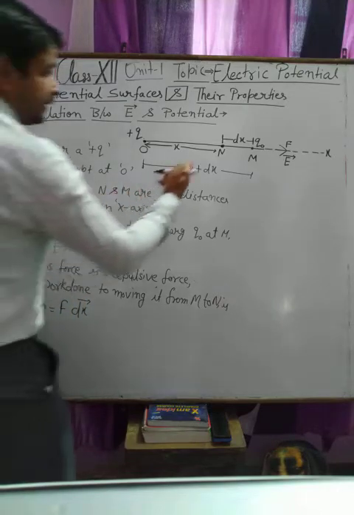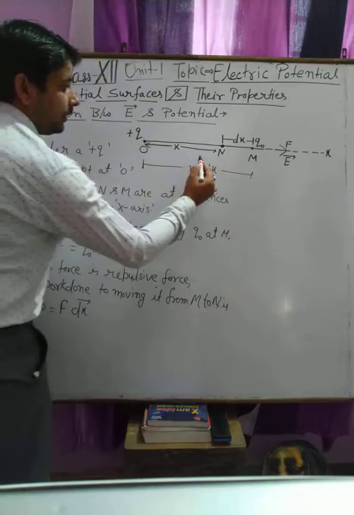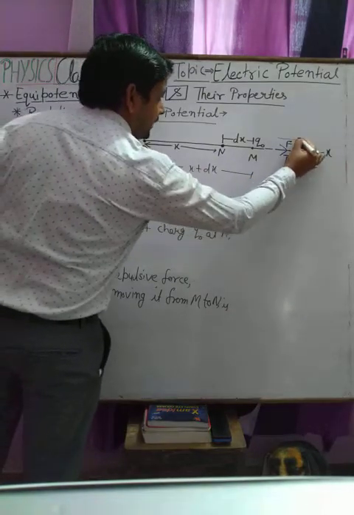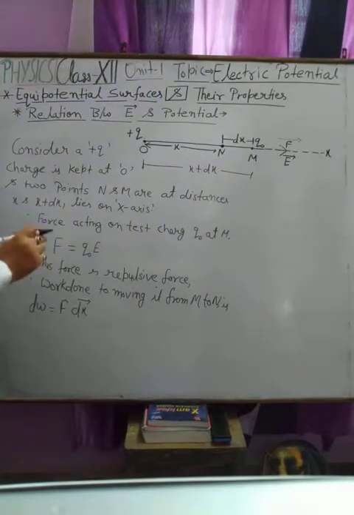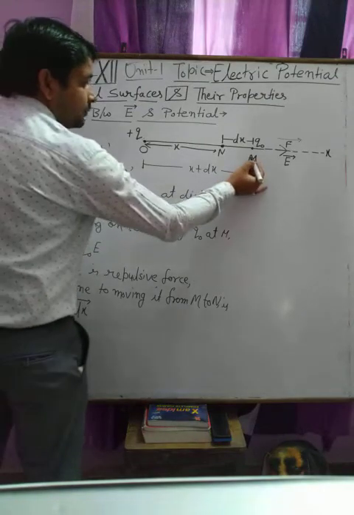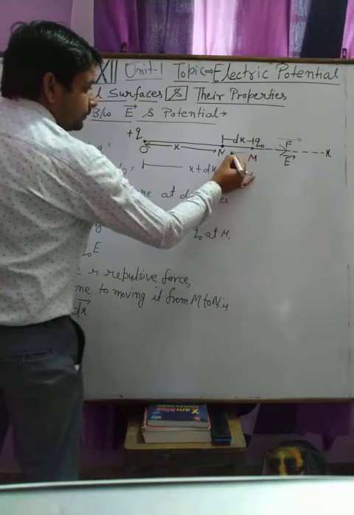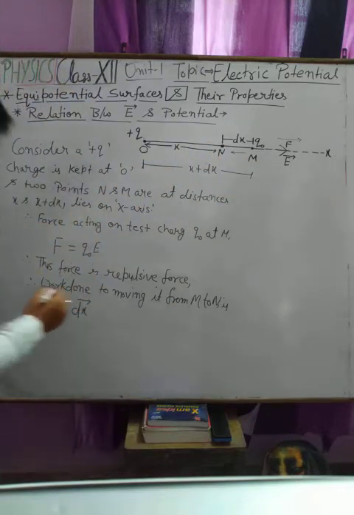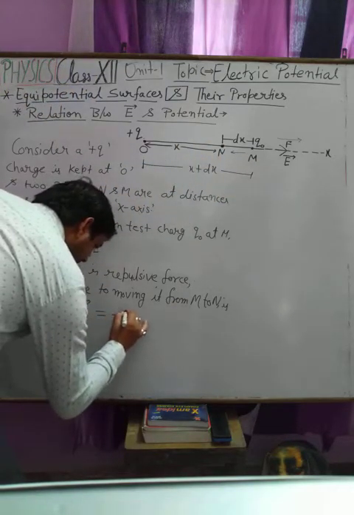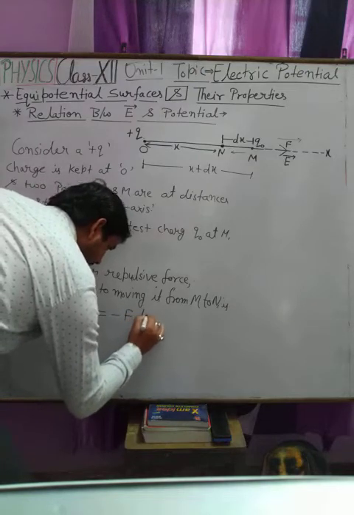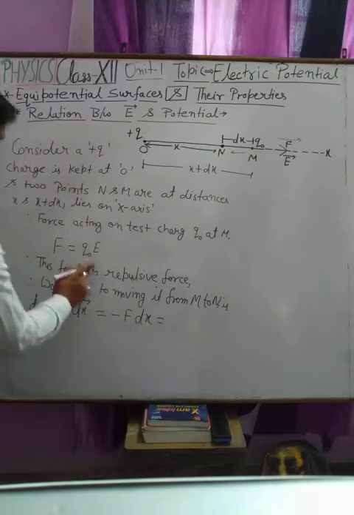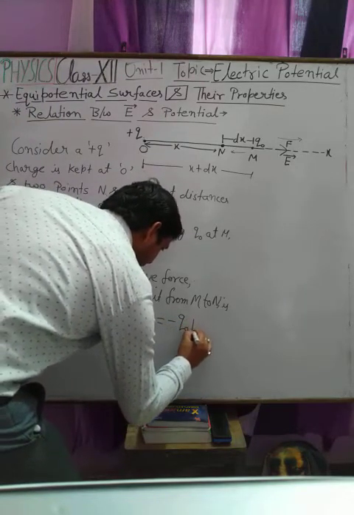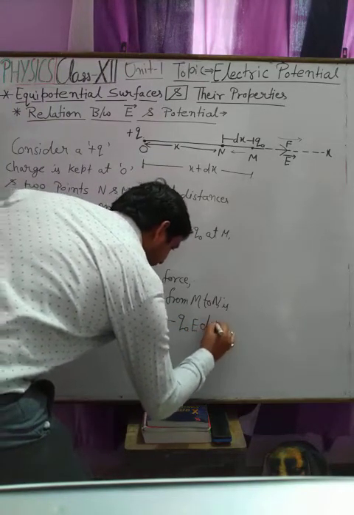Because, student, the direction of force is in the direction of the electric field, that is, in the positive x direction, and the charge is moving from M to N, so it is taken as negative, that is minus F dx, and the value of F is Q naught E, so dW equals minus Q naught E dx.